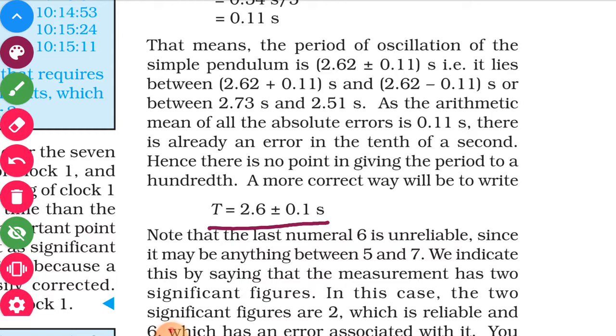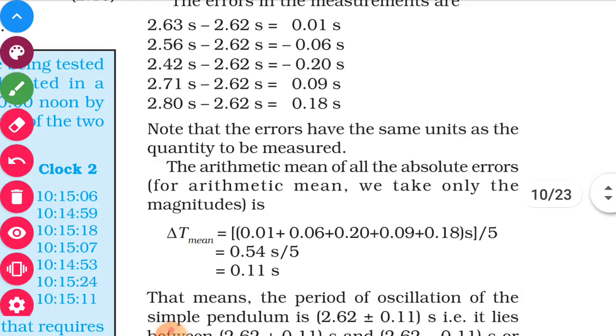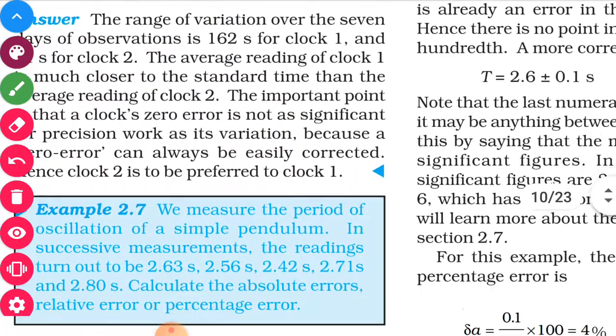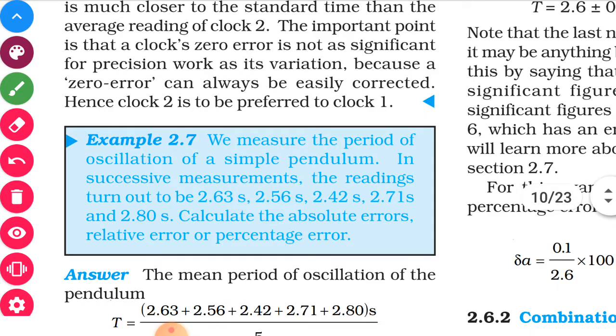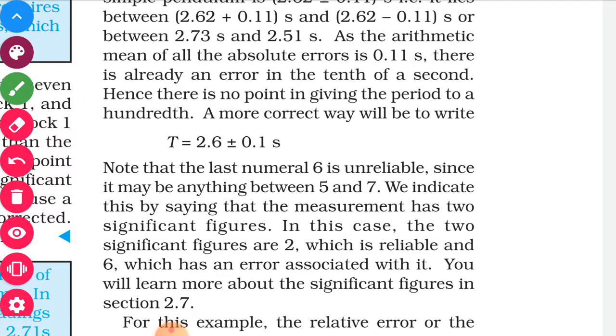There is already an error in the tenth of a second, because delta t mean we got is 0.11, and the different measurements of time are up to 2 digits, so we have just rounded off to 1 digit, that is 2.6 plus or minus 0.1 second.